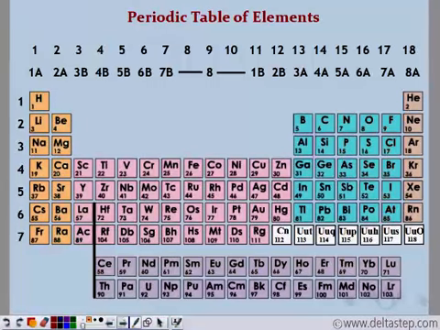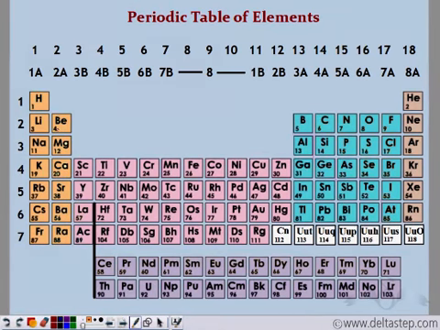Okay, so the atomic number for each element is unique. We know that when we change the number of neutrons, the atom becomes an isotope. When we change the number of electrons, the atom becomes an ion, a positive or a negative ion. What happens when we change the number of protons? Let's see. If we add 1 proton to lithium, it becomes beryllium.